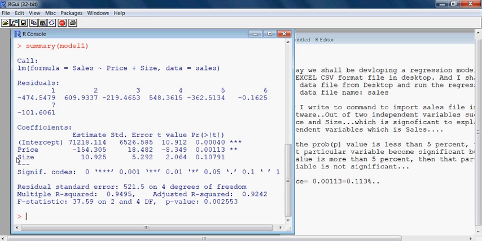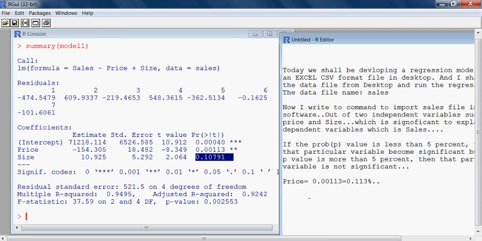Okay, then what about the second variable, size, and what about the p value of the second variable? Size, the p value is coming up 0.10791, meaning that 10.791%, right?